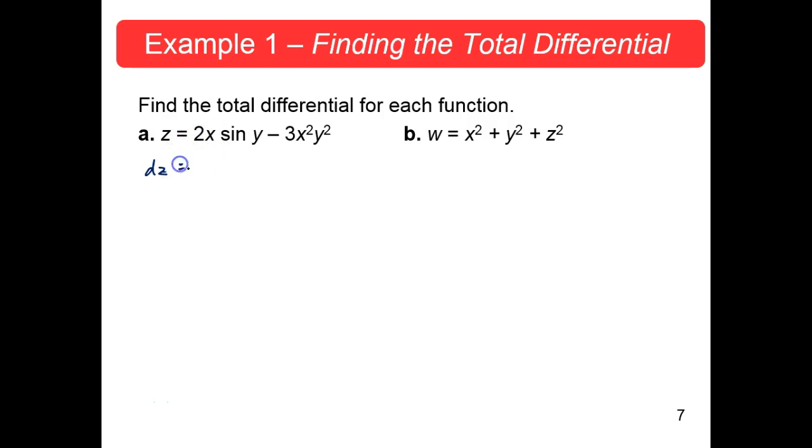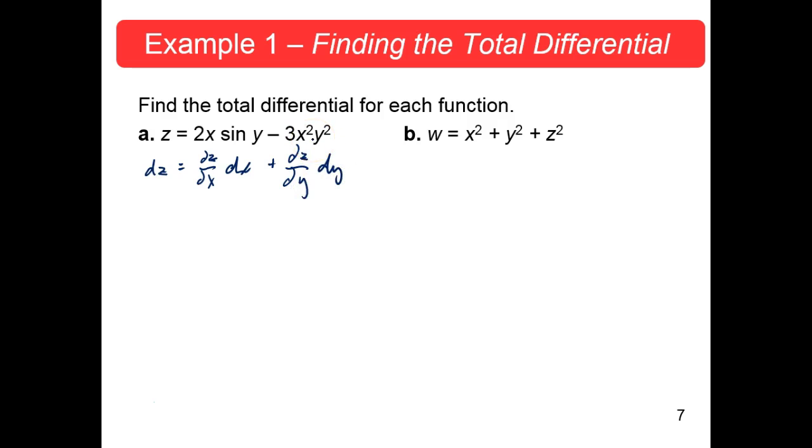Okay, and what would that be? Write it down for me, or say it out loud and I'll write it down. Partial of z with respect to x dx plus the partial of z with respect to y dy.